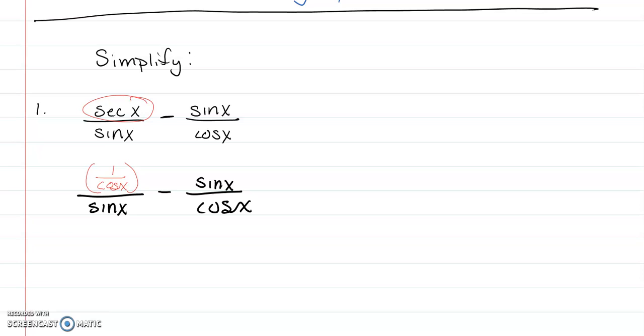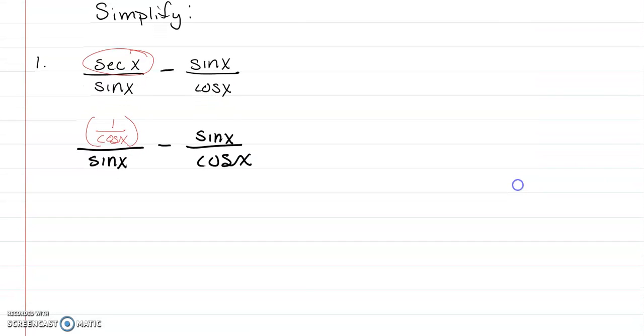Okay, so my approach was I just changed secant x into terms of cosine. You can see I will do my best to follow suit with color coding. The only change I made is in a different color. Now from here, I'm going to simplify this. I have 1 over cosine x sine x minus sine x over cosine x.